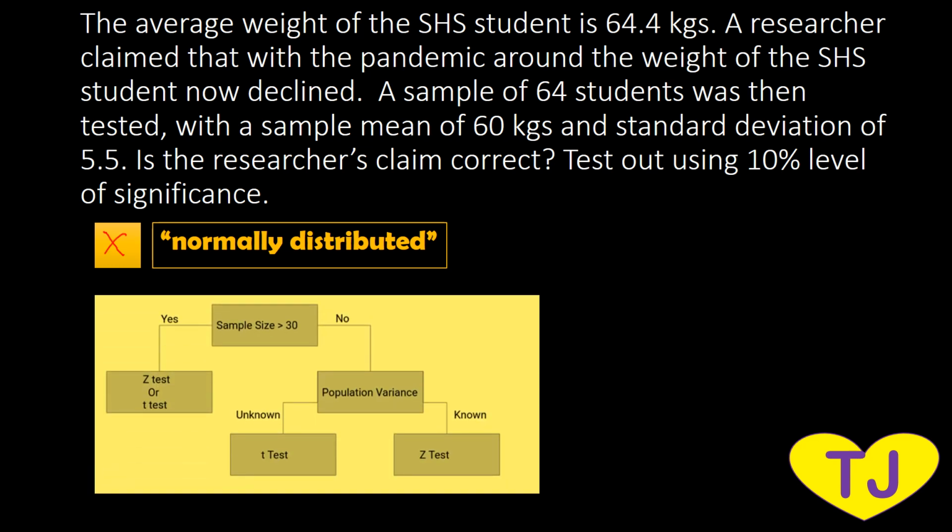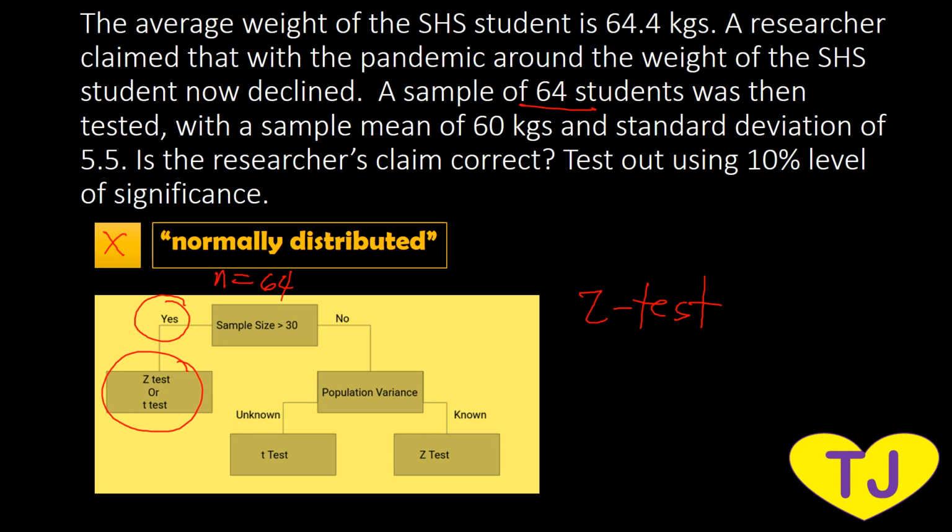So we start with the sample size. Sample size here is 64 students. So n is 64. We check, is 64 greater than 30? The answer is yes. So that means we go for the z-test or t-test. Now take note, when you say z-test or t-test, what we are actually using here is the z-test. Now, why is it mentioned there, t-test?